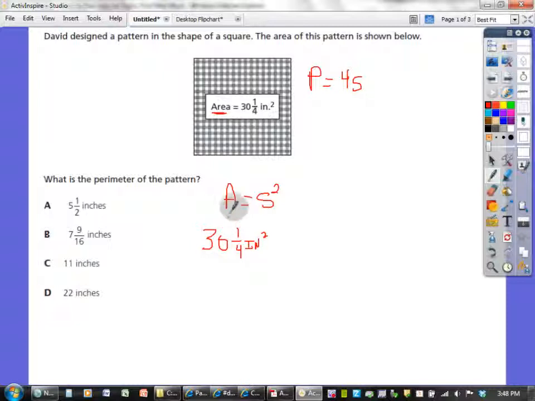All I have to do is substitute in the 30 and 1/4 for my area, and since I'm looking for the side squared, I can use a little algebraic thinking to help figure out what one side is going to be. So just to review, all I've done is substitute the area in for A in my area formula.